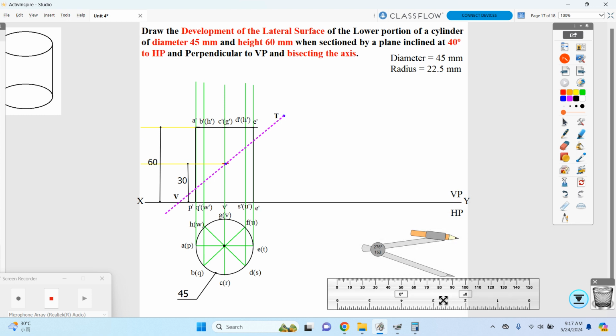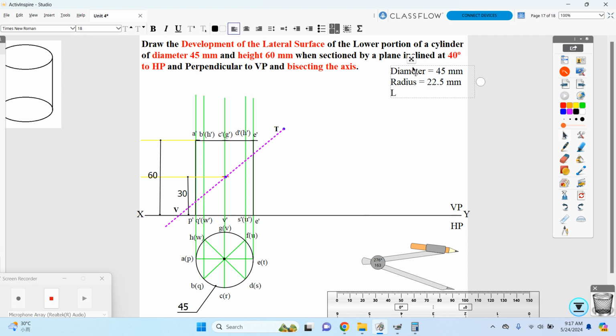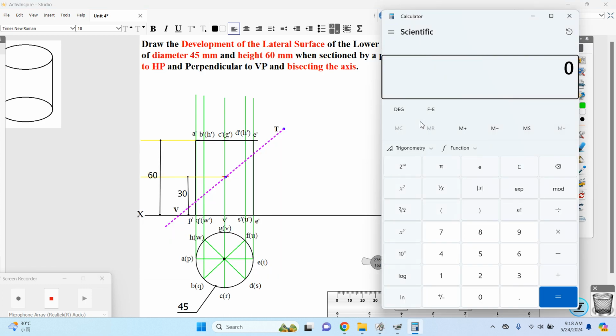Over here we are going to develop our section, how it looks on the other side. For developing the section of a cylinder, the length is equal to pi d, that is pi into d, which is equal to 3.14 into your diameter 45.